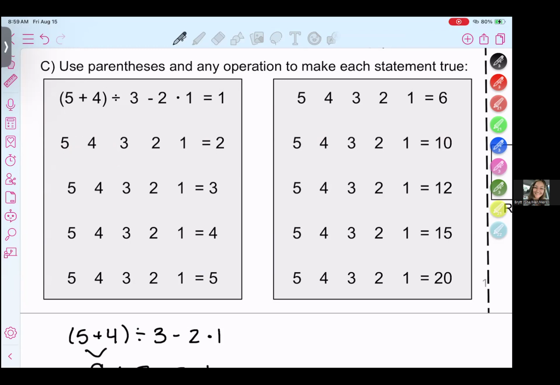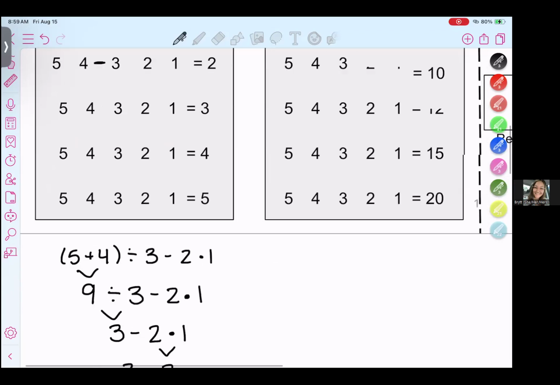What if we did, let's see, if we do a 4 minus a 3, gives us 1. If we do 5 minus the 1, that gives us 4. And then we do 4 minus, yep, that should work. So if we do 4 minus 3, let's come down here so we can see it.